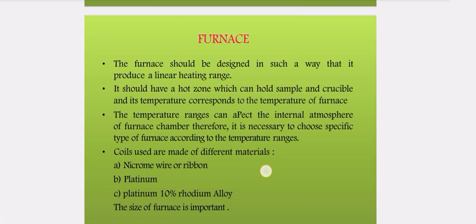Therefore, it is necessary to choose a specific type of furnace according to the temperature range, so selection of the furnace according to the criteria is most important. Coils used are made of different materials such as nichrome wire, platinum with 10% rhodium, or alloy. The size of the furnace is very important.